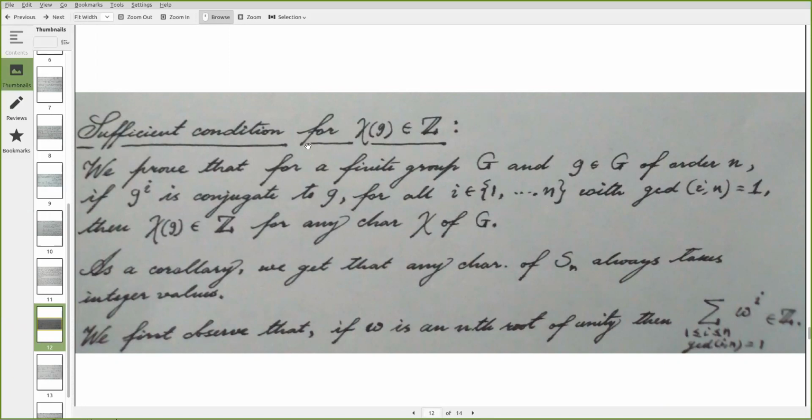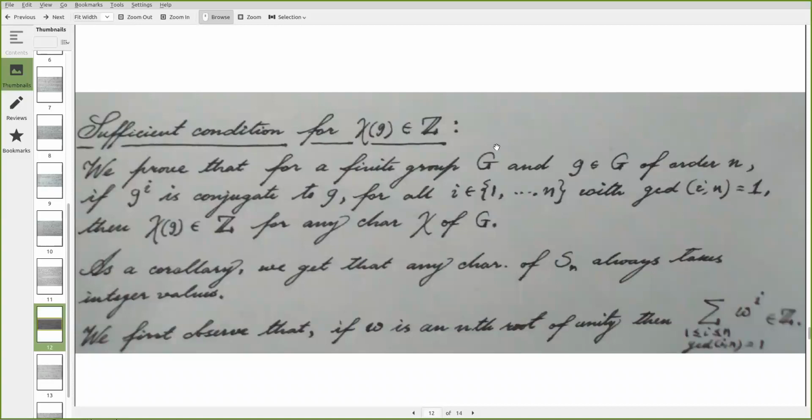So basically, the situation is the following: we know chi of g is always an algebraic integer. So now it's very natural to be curious when it is indeed an integer.